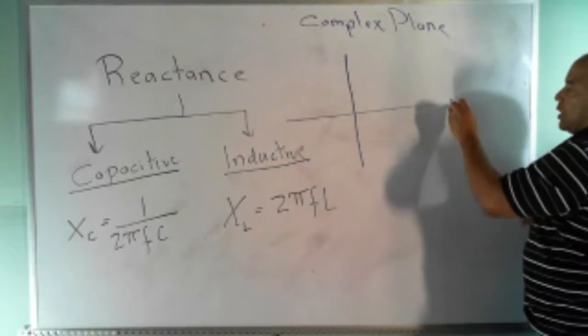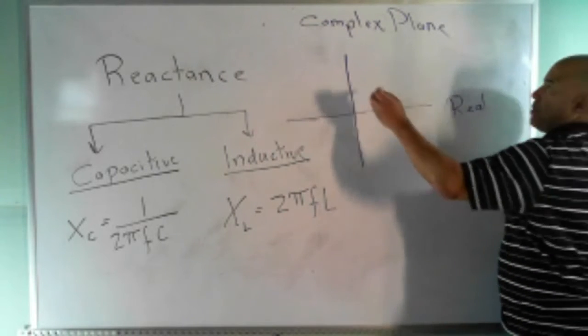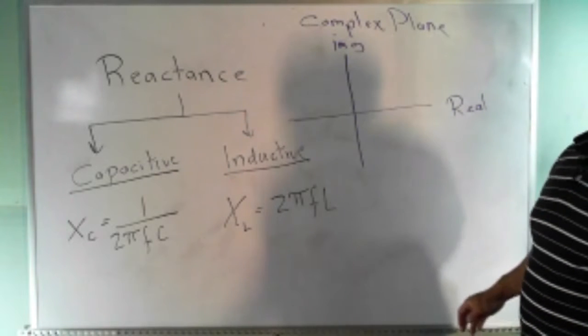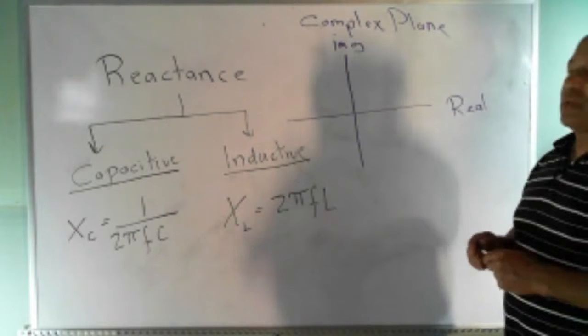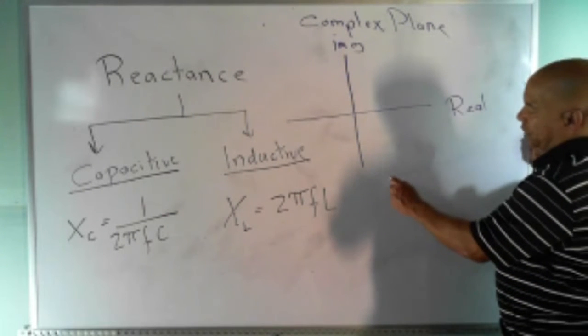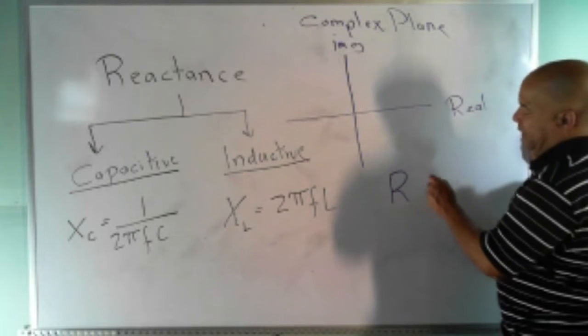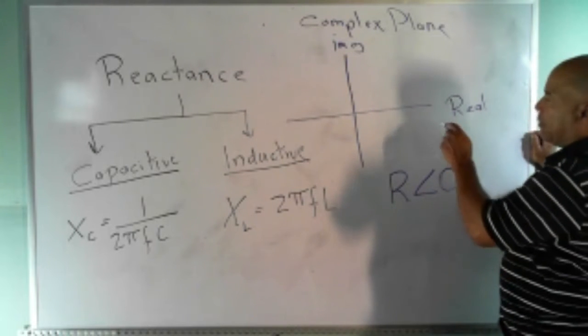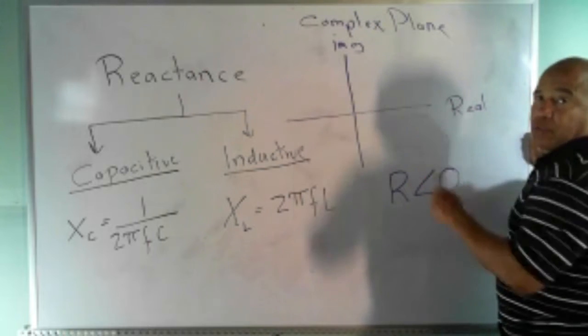And you know, these are real numbers. These are imaginary numbers. And what I said in the last video is that resistors, and I showed the math behind it, but I won't show that, resistors have a phase of 0. So resistors are what we call a real number.